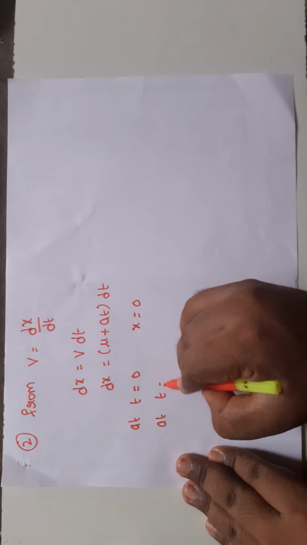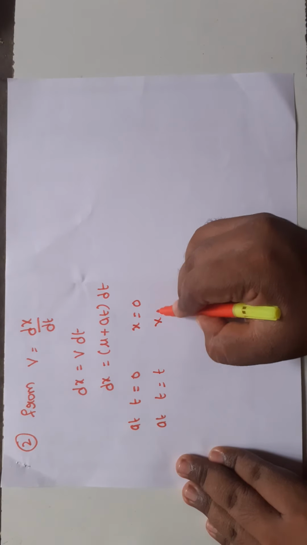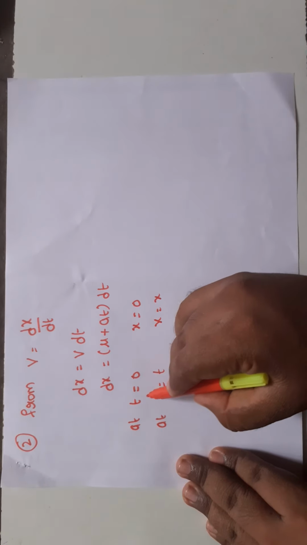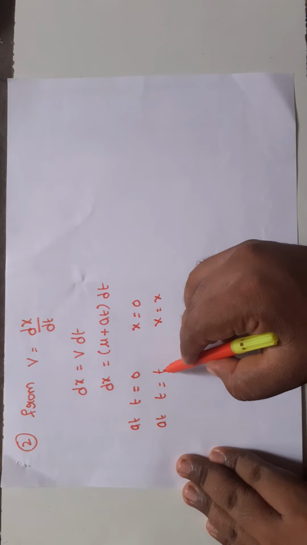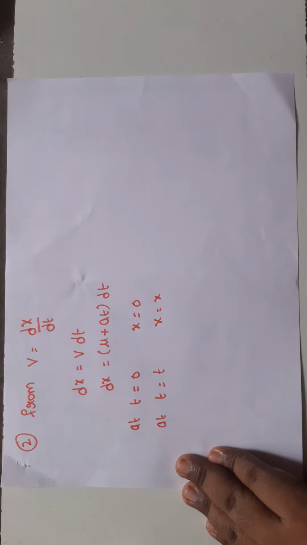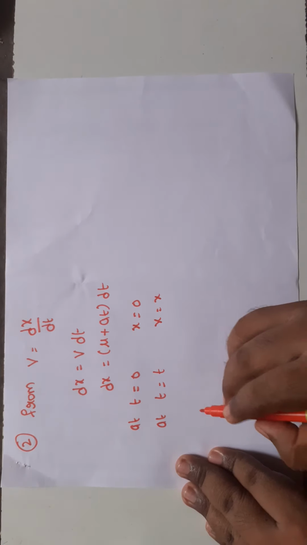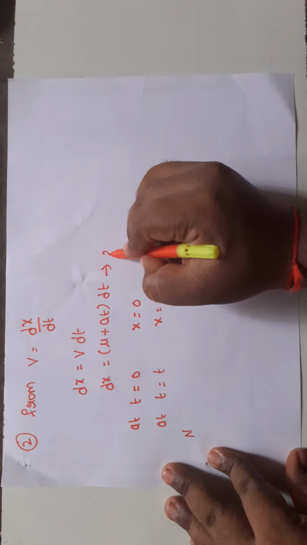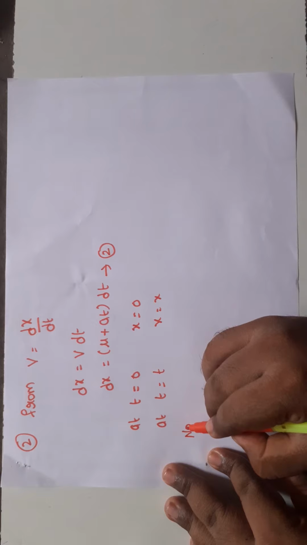At time t equal to t, displacement is x. So here time changes from 0 to t, displacement changes from 0 to x. Now this is equation 2.